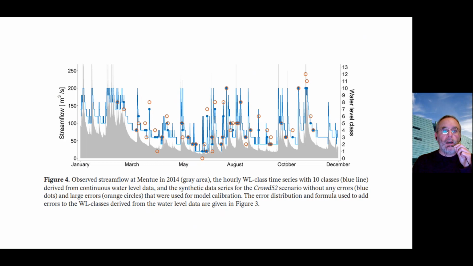On the graph, the gray area shows actual stream flow measured with a hydrometric gauge at this site over time. The blue lines are water level data similar to the data gathered using the Crowdwater app. Even though it's quite rough data, it does track the changes in flow at that site quite well. So this data can be useful in hydrological models.